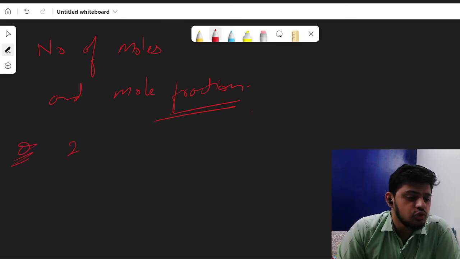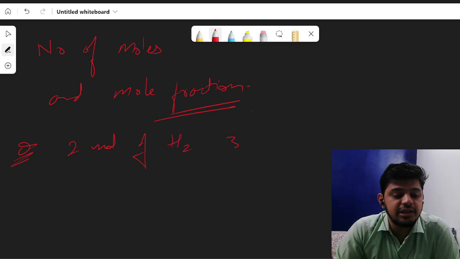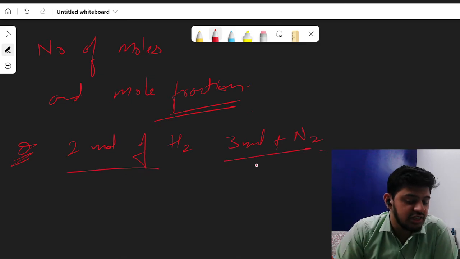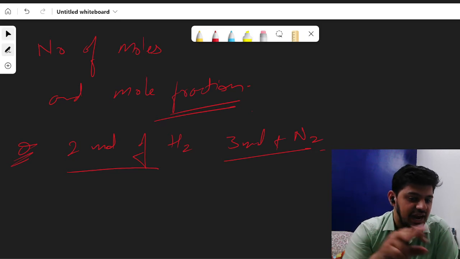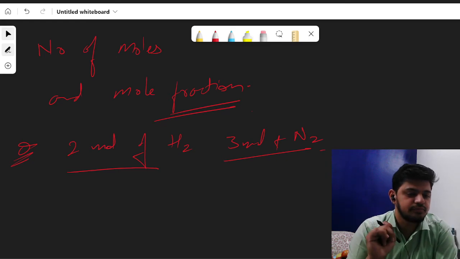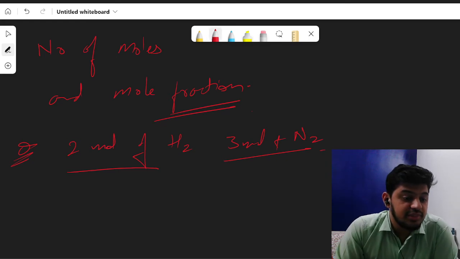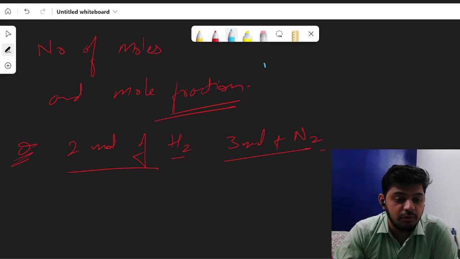I have 2 moles of H2 and 3 moles of N2. Tell me how I will be able to calculate the mole fraction for the hydrogen and the mole fraction for the nitrogen. The formula is number of moles divided by total number of moles.